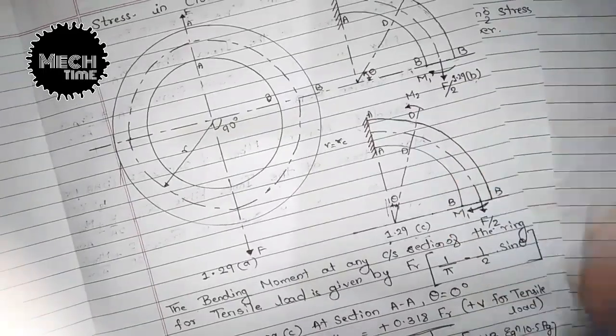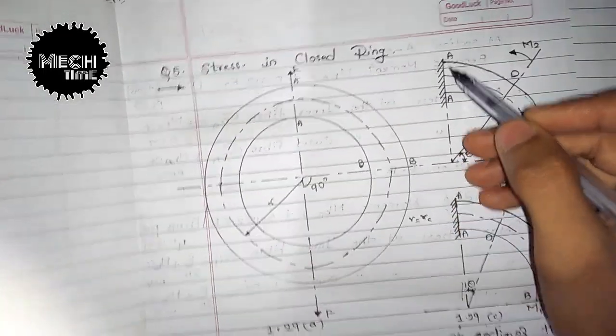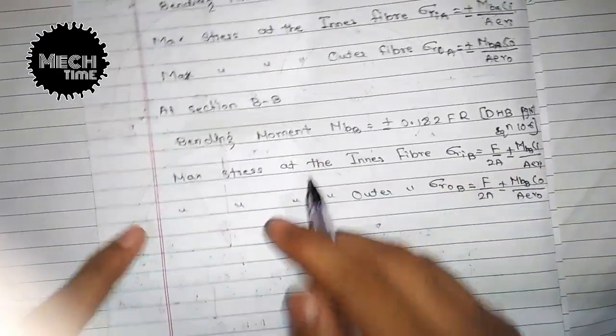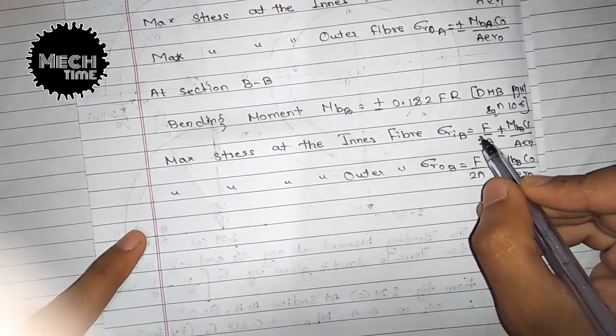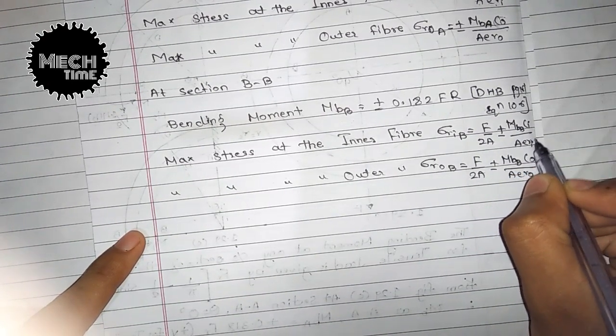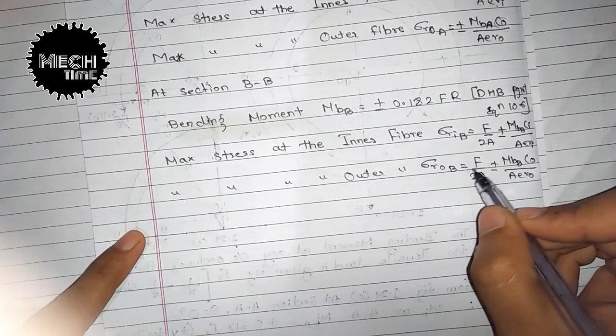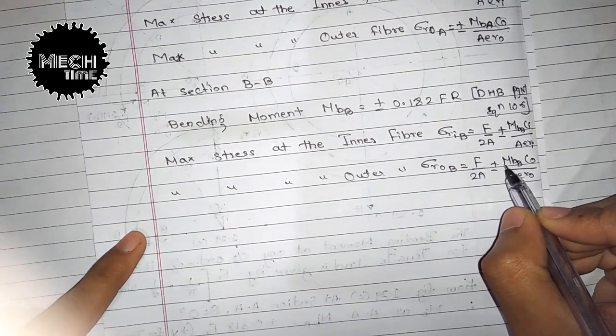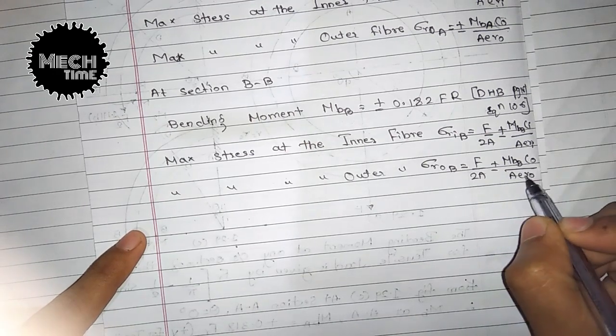For section A to A we directly wrote MA into Ci divided by AeRi, so here for section B it is F by 2A plus or minus MB Ci by AeRi. Similarly for the outer fiber at section B, sigma Ro B is equal to F by 2A plus or minus MB Co by AeRo.